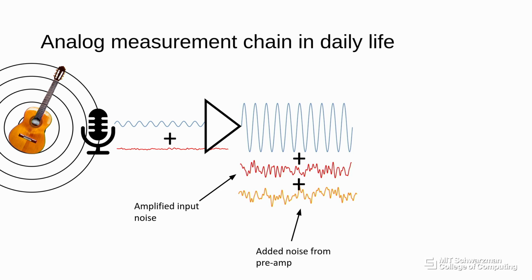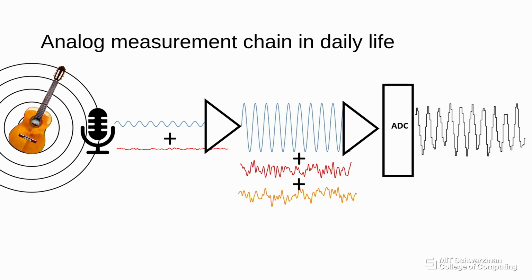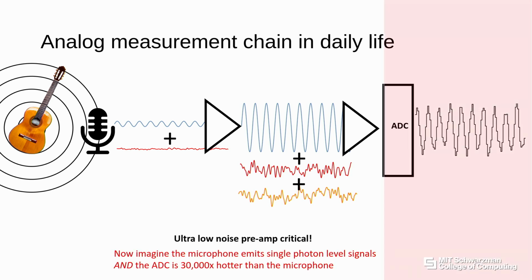That preamplifier will add some of its own noise as well as amplify the input noise. Then you'll send this to a secondary amplifier and then to an analog to digital converter, digitize that, have it on your computer, save it, maybe email it to someone. But this ultra-low noise preamp is quite critical because any noise injected by this preamp carries through the rest of the measurement chain.